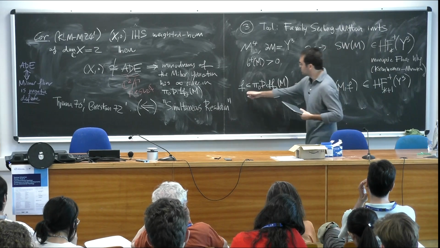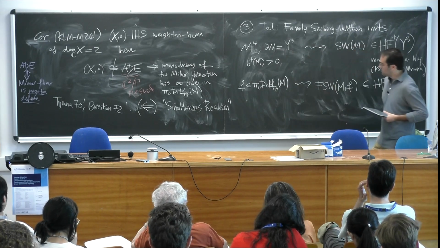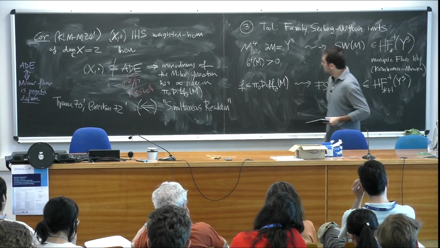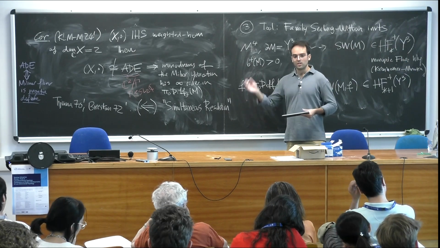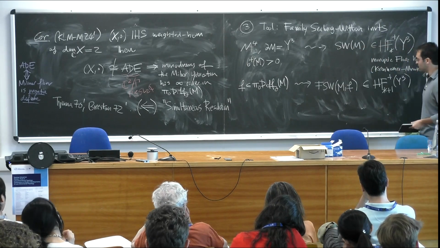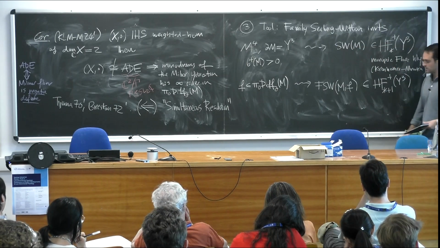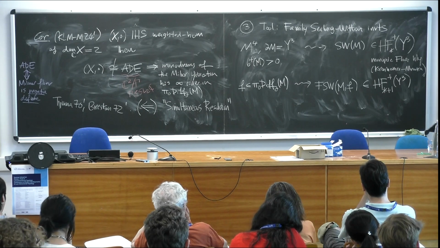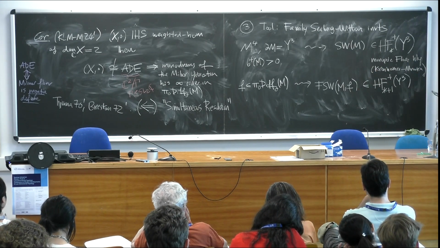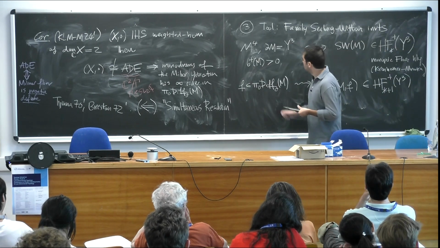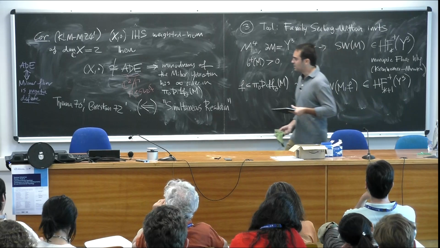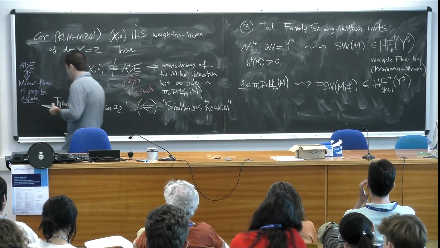Then you study the Seiberg-Witten equations simultaneously on all fibers of this family, and you count how many solutions there are. That's what produces this type of invariant. So it's just the parameterized analog of the ordinary Seiberg-Witten invariant. And we're going to use these tools to study these Dehn twist diffeomorphisms.